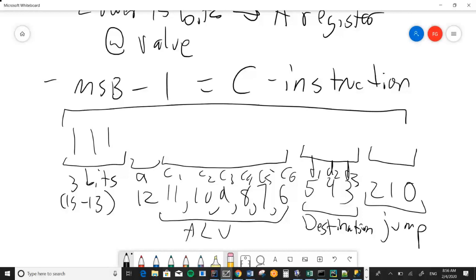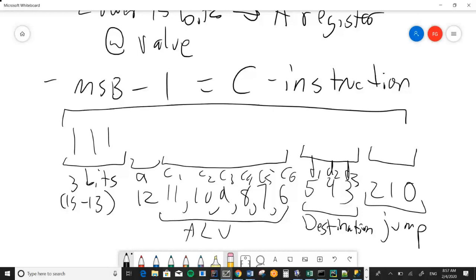One of these is ALU produced a result that was positive. One of these is the ALU produced a 0. And the final one is the ALU produced a negative value. And so if that condition is true and the jump bit is set to a 1, then the CPU will jump to the address in the A register at that point.